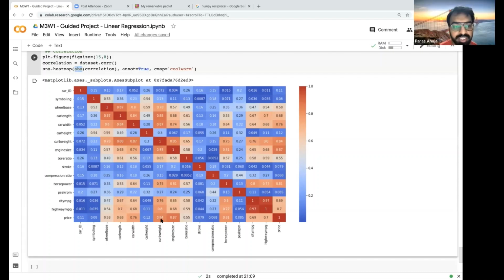But with this analysis, your car width is saying, and car length is also saying, that price depends on me, right? Car length, car width also says that. So is it worthwhile to take both of them?